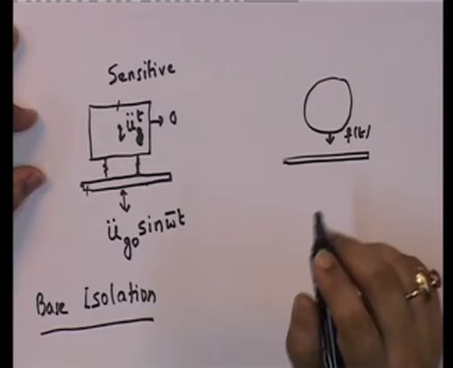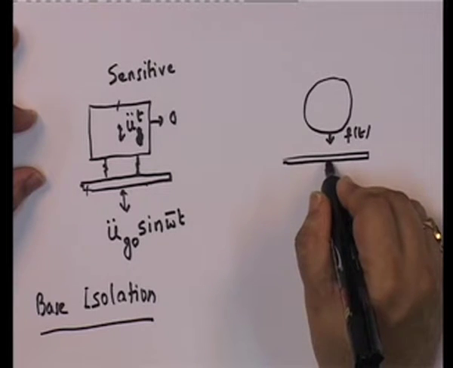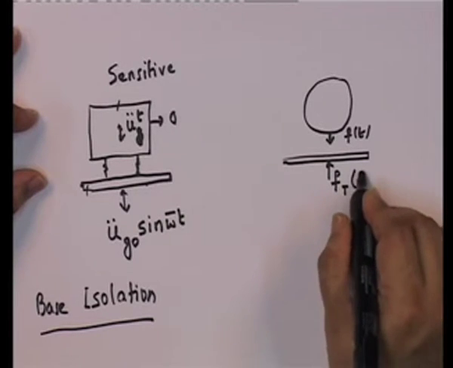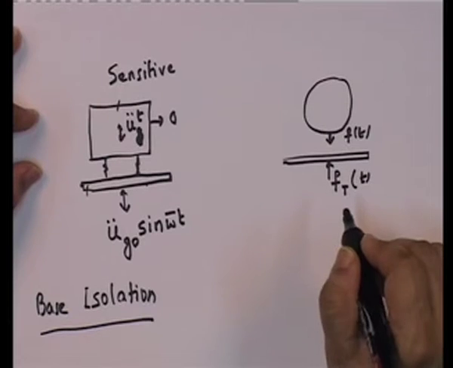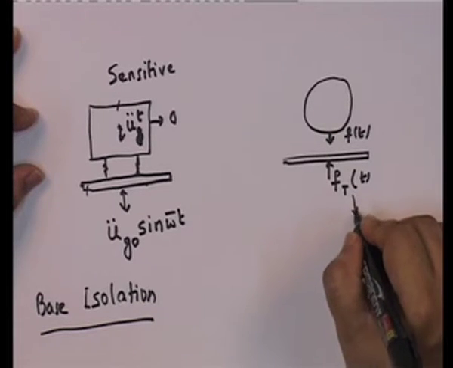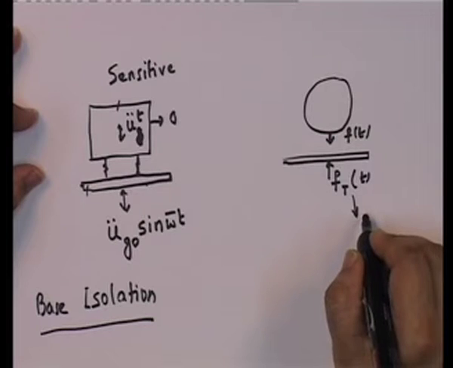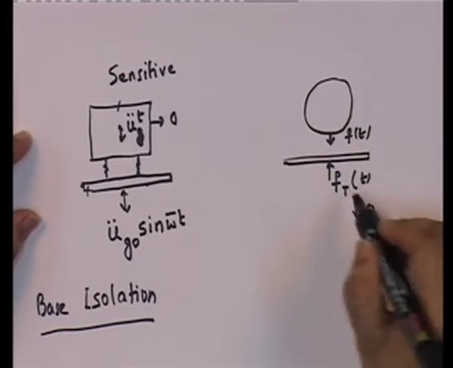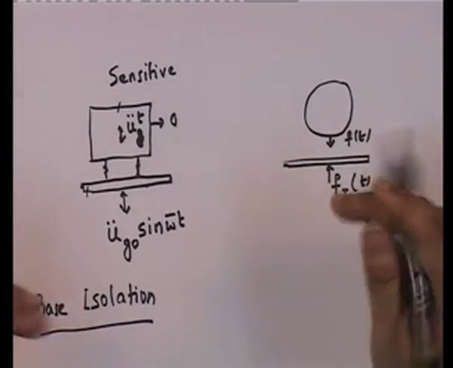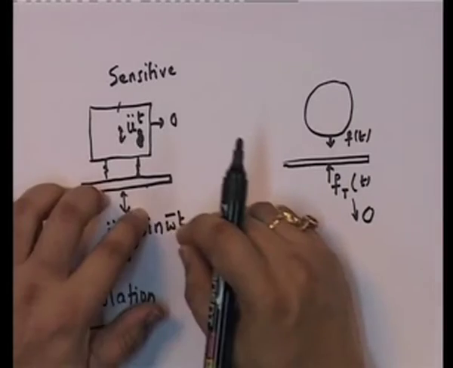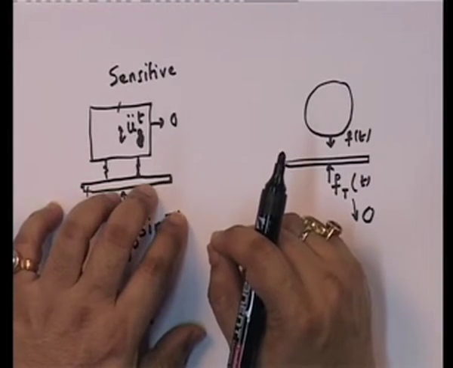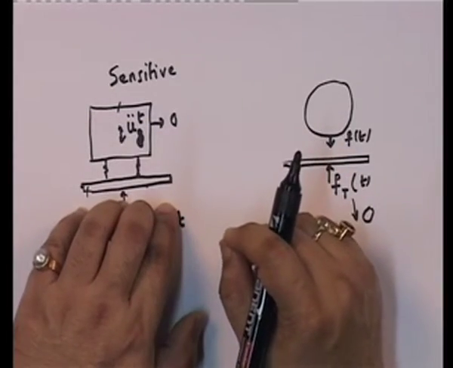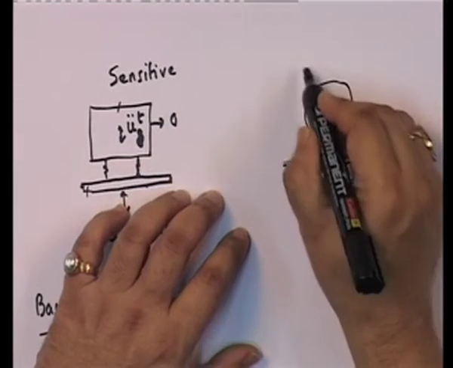And what I want to happen is that the force transmitted to the floor should be, for all practical purposes, 0. These are two flip sides of the coin. Here I have a situation where the floor is vibrating and I want to isolate the sensitive equipment from that floor vibration. The other situation is a machine.